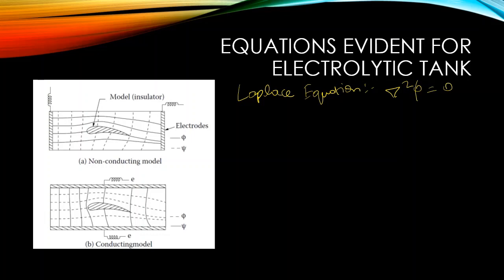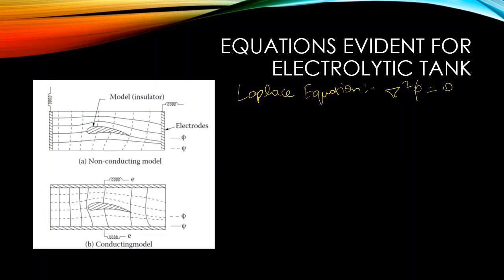So this is your Laplace equation. For any kind of electrolytic tank analogy method, we have to maintain the Laplace equation condition, that is the irrotationality condition as well as the potential flow condition, right? And the flow is completely two-dimensional flow only, right? For this you have to write the differential equation for potential lines and streamlines.